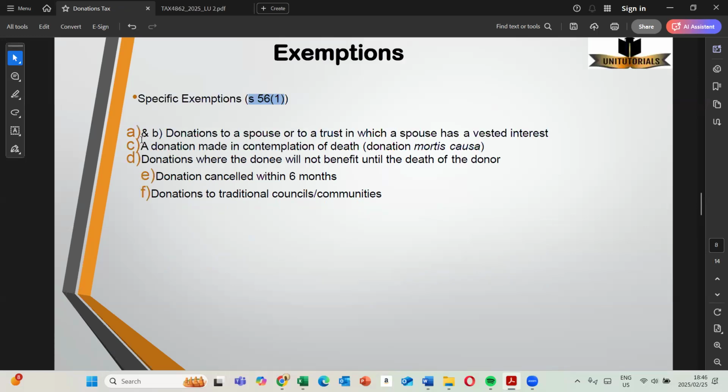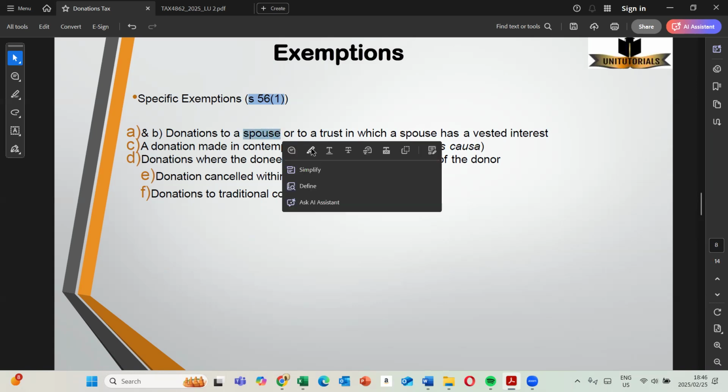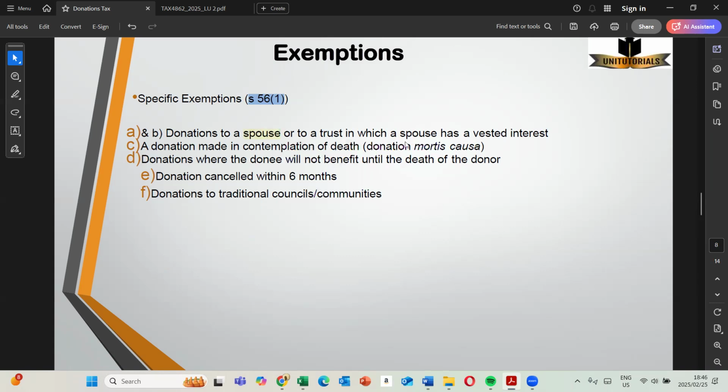Section 56, subparagraph A says donation to a spouse, or a trust in which a spouse has a vested interest. So when you make a family donation, remember in most cases you and your spouse are one. You're making a donation to your spouse, and that's exempt from donations tax.